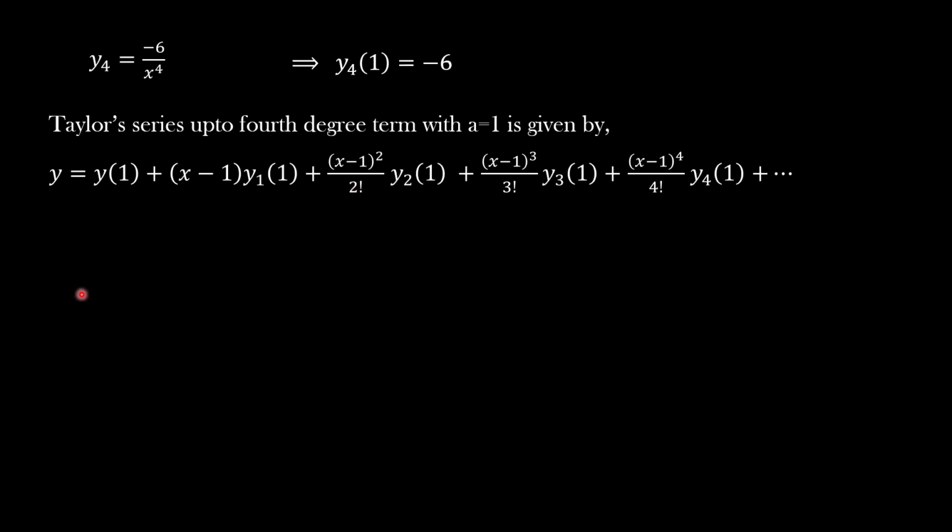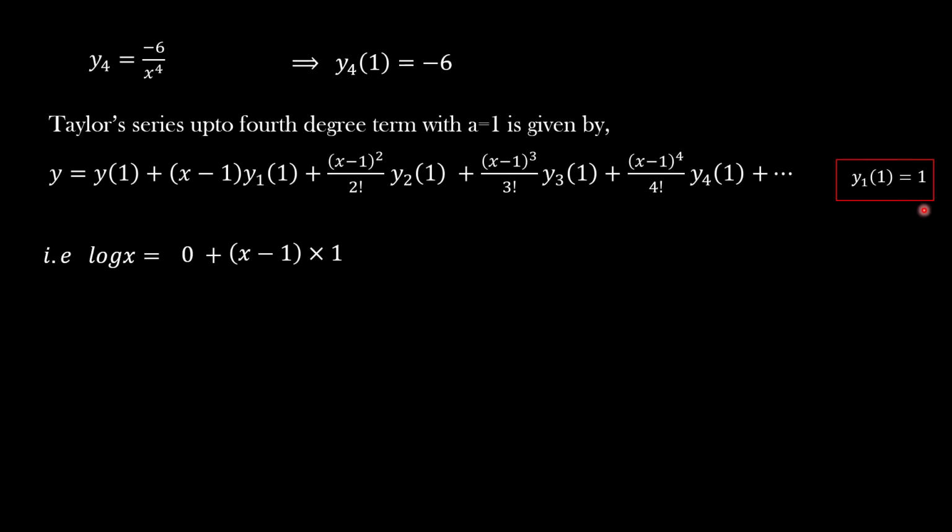But y is log x. Therefore log x is equal to y of 1, which is 0. Substitute 0 here, plus (x minus 1) into y1 of 1. y1 of 1 is 1.